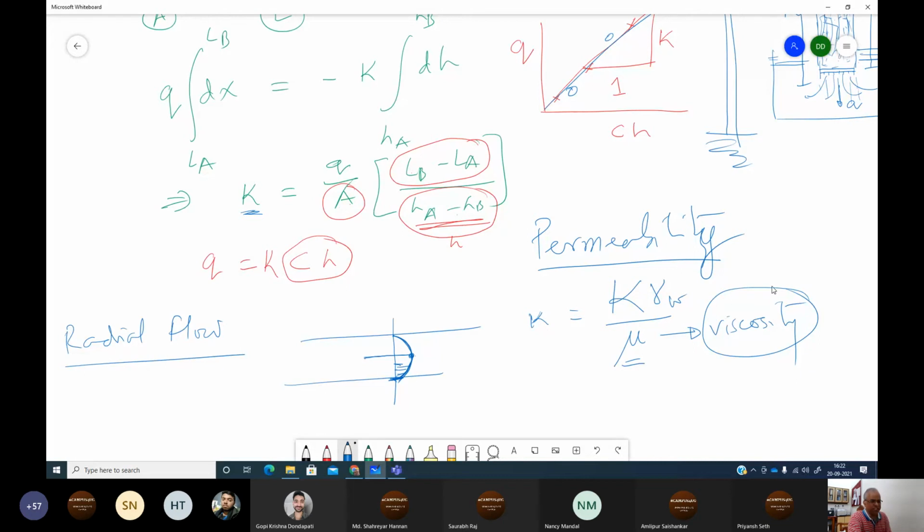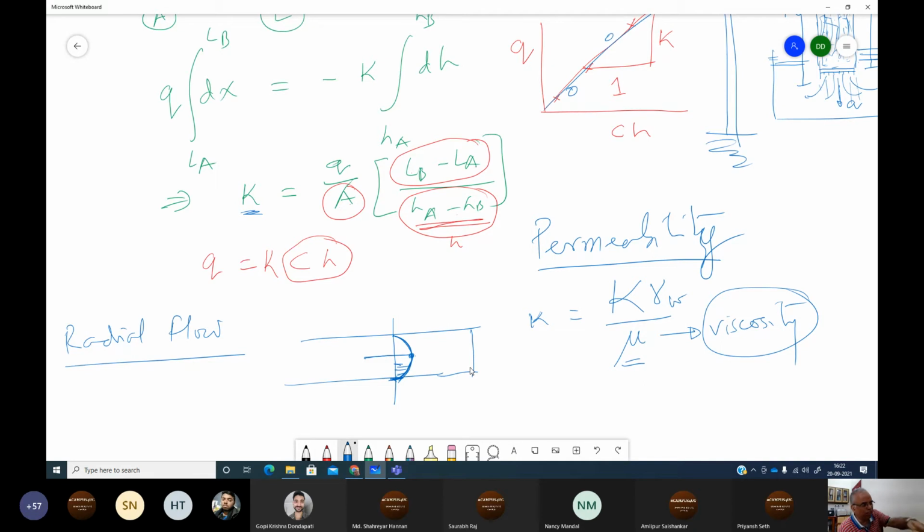If it is too viscous, like tar, the flow profile will be more or less the same. It flows like a plug, or toothpaste. It will flow like that because it is a highly viscous material.